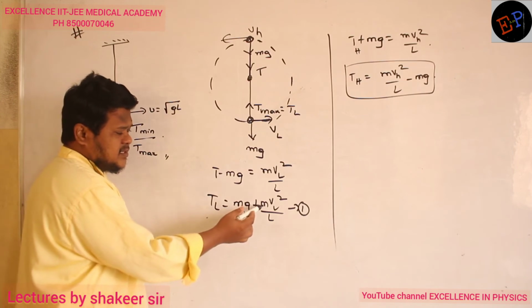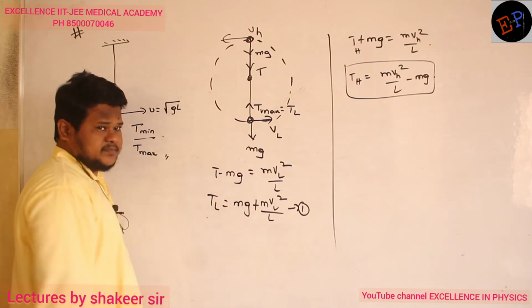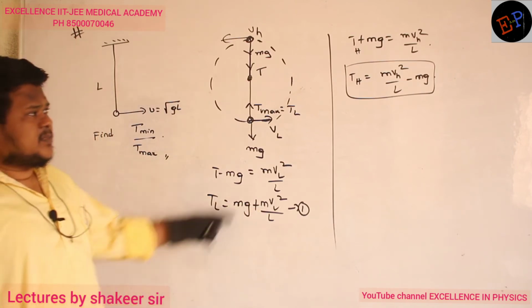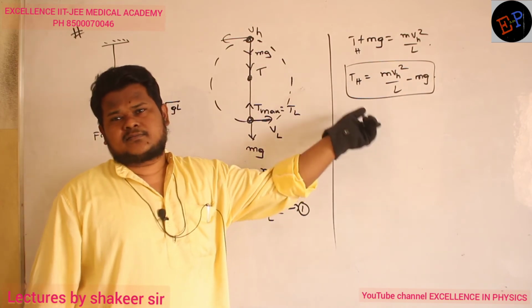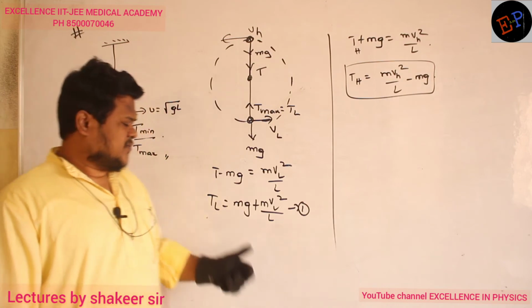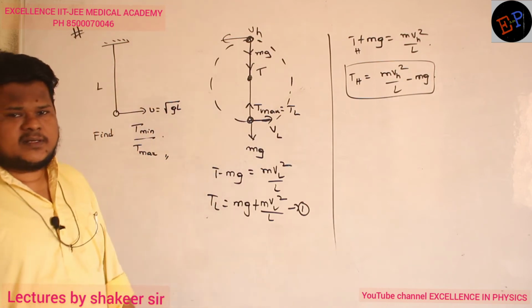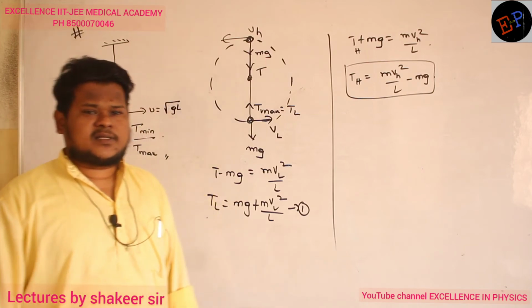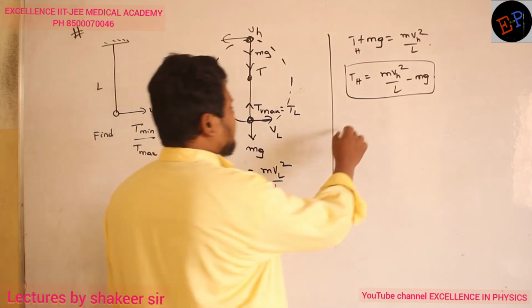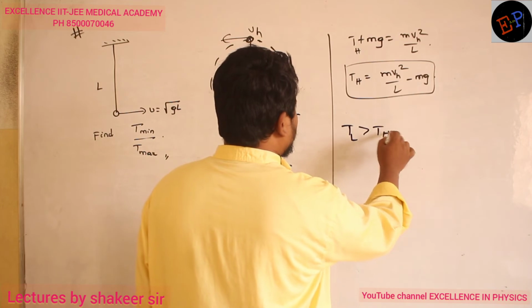Because here we are writing m VL square by L plus mg, so tension has increased. But here we are writing m Vh square by L minus mg, subtracting mg. So definitely TL must always be greater than TH. Tension at the lowest point is always greater than tension at the highest point.